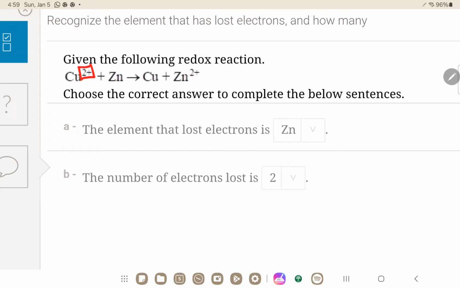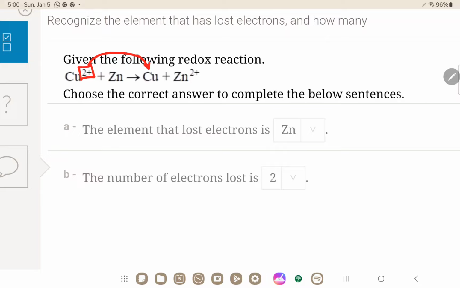What does 2+ mean? How does an ion get plus? It's when they lose electrons, right? When they have lost electrons. So if this was 2+ and it went on to having a charge of 0, it means you gained electrons, because the only way to cancel out plus is with minus.